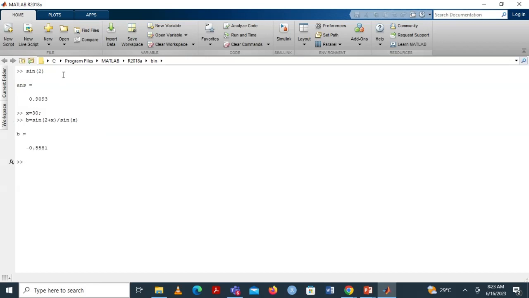So let's press enter. It has given me an answer. So I can perform a lot of operations with these functions. The sine function requires a single input and it will return a single value.